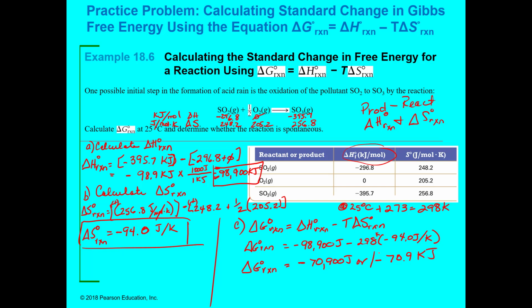And since that is a negative value, it will be spontaneous, because the only way I know for sure if it's spontaneous or not is if the delta G is negative.